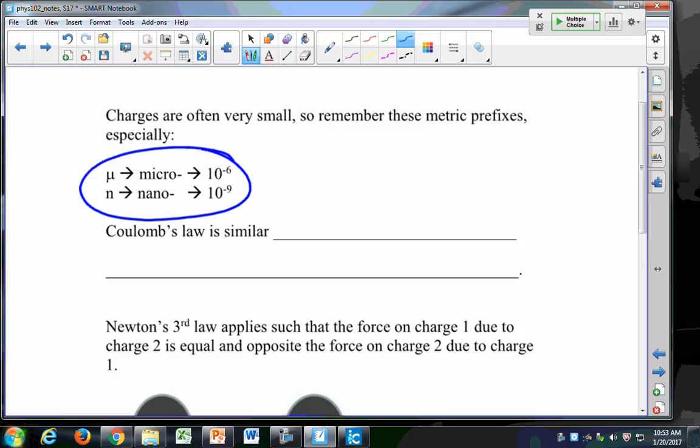You'll see these as well: centi is 10 to the minus 2, milli is 10 to the minus 3. On the big end, we'll see kilo, mega, and giga. That's 10 to the 3rd, 10 to the 6th, and 10 to the 9th. All right, now I'm going to go back to the previous page.